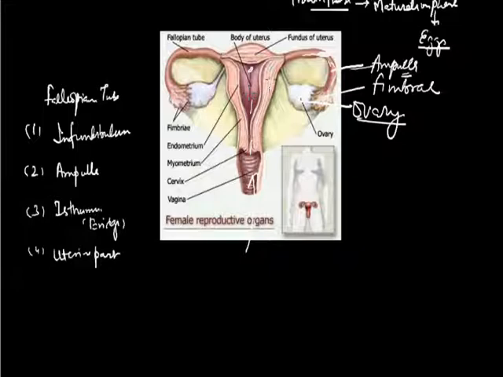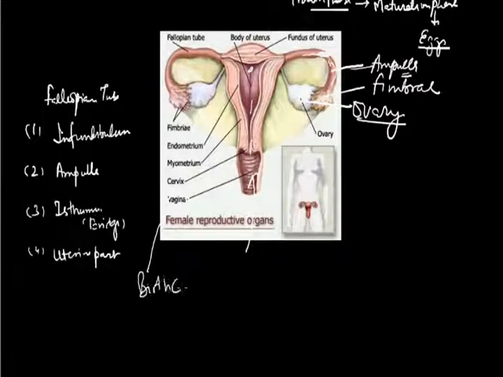Ultimately, the large, highly muscular organ uterus is there, lying in the pelvic cavity. This uterus undergoes cyclic changes, and these cyclic changes are studied under the menstrual cycle. As we have seen, the uterus leads to the vagina with a small passage called the cervix. It is a lower narrow projection into the vagina, and this is the vagina, a large median, elastic and muscular tube, also known as the birth canal.